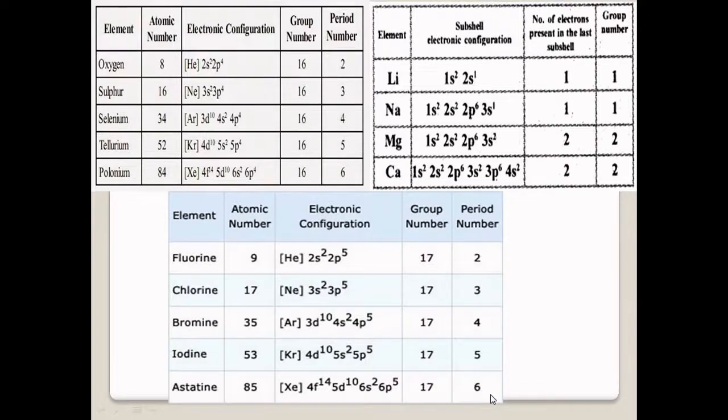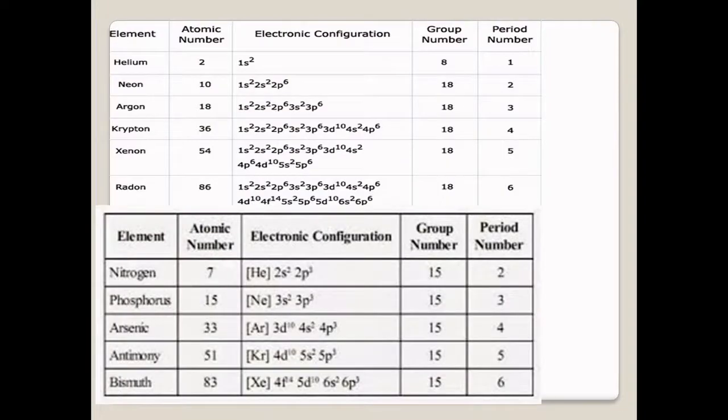Let's see another example: helium has atomic number 2, neon 10, argon 18, krypton 36, xenon 54 and radon 86. So these are the electronic configurations. It starts from 1s2, and 2s2 2p6 for neon, that is 10 electrons, group number 18. Here is also group number 18. The period number is 1, 2, 3, 4, 5, 6, continuously increasing.